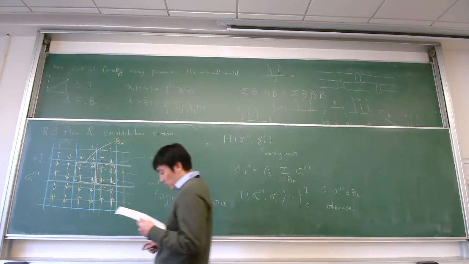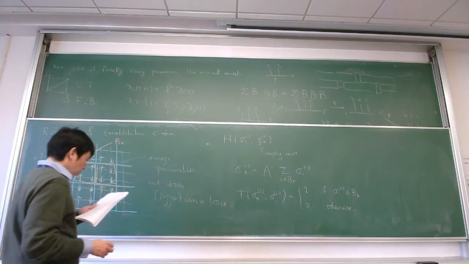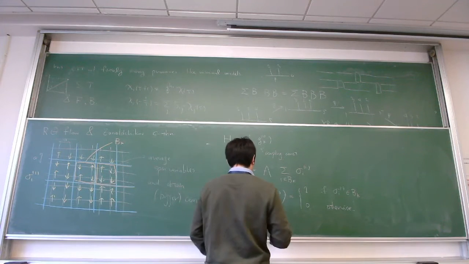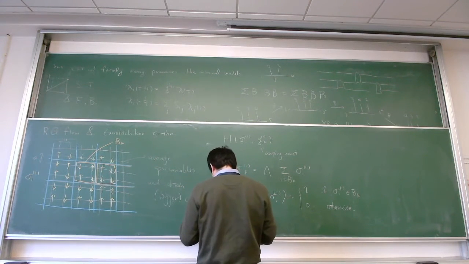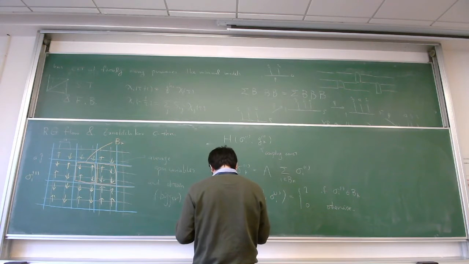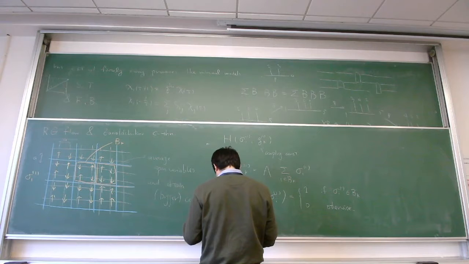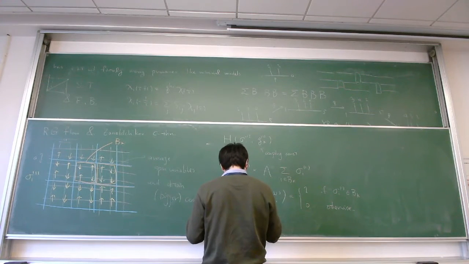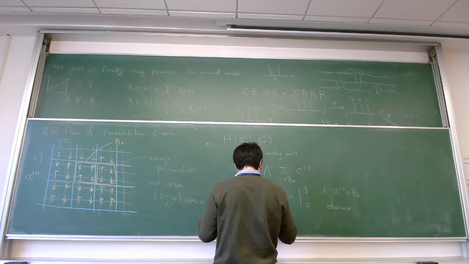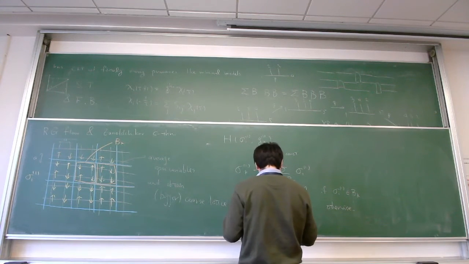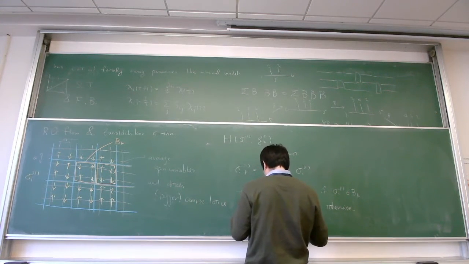Of course this is satisfied if you sum over all sigma k of 2, the T of sigma k of 2 and sigma i of 1 is equal to 1.